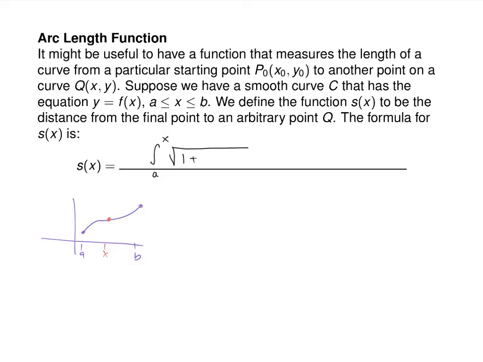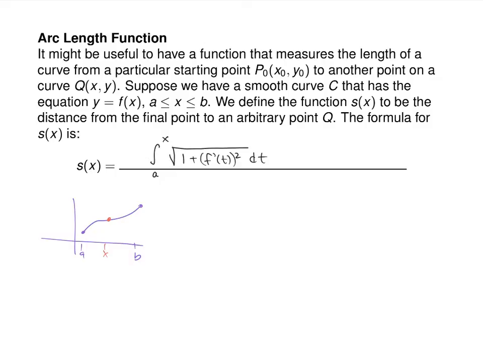A common thing is to use t, since that's what we're going to do in this class. And then you can plug in any x number between a and b. If you want to find the integral from a to b, you just plug in x and you're doing the integral from a to b.